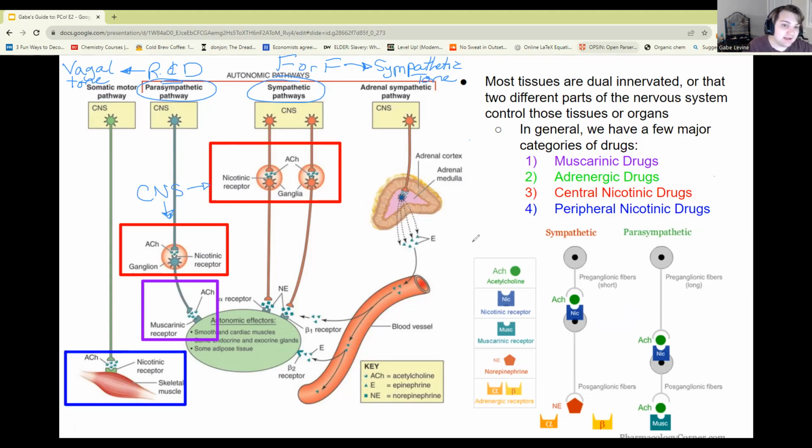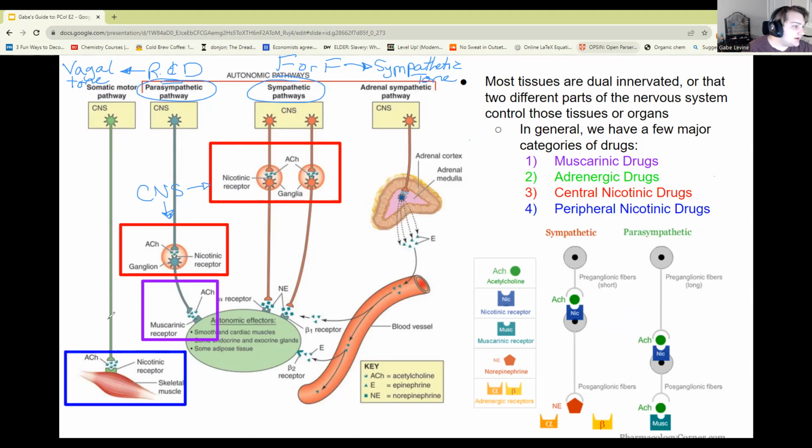are preganglionic. So if you are a drug that is not able to penetrate the blood-brain barrier, you are not able to affect these preganglionic nicotinic receptors. And that was always something that really confused me when I was learning this: how can we have nicotinic receptors here and nicotinic receptors here, but they're different somehow?